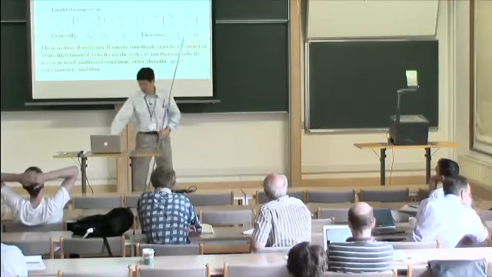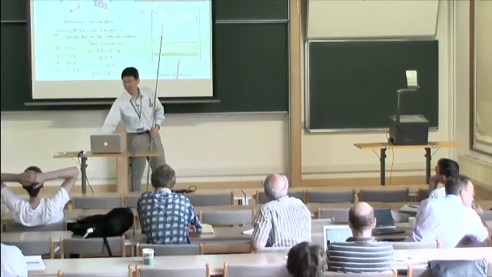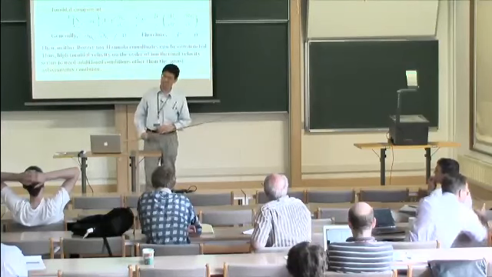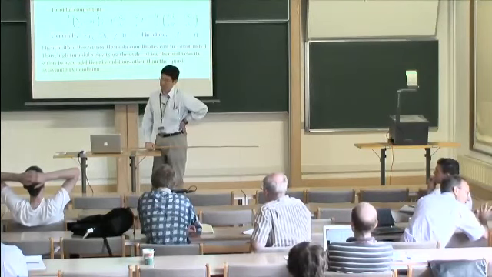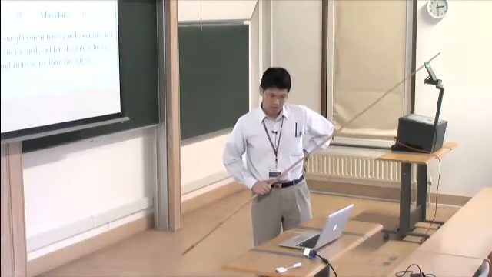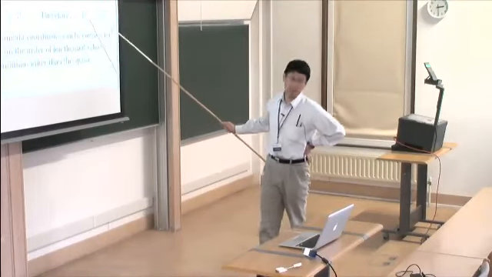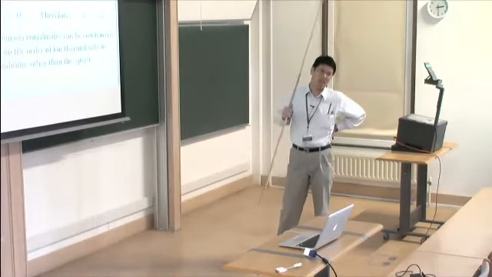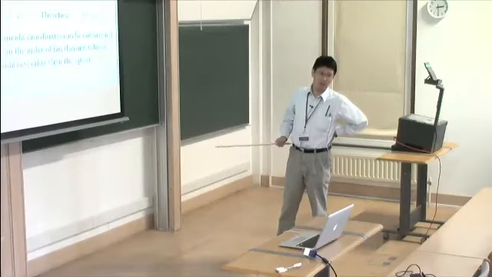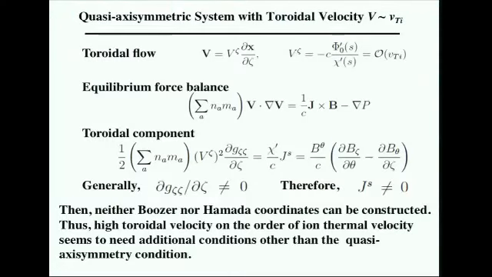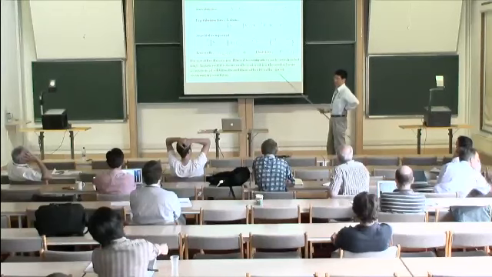Okay. Now, sorry. Yes. Do you need? This is the radial current. Yes, local radial current. The local radial current. And if you've got no local radial current, you can't have Boozer coordinate and Hamada coordinate.